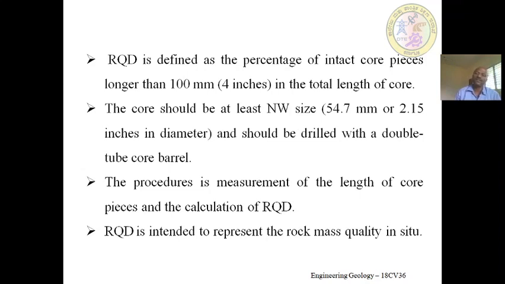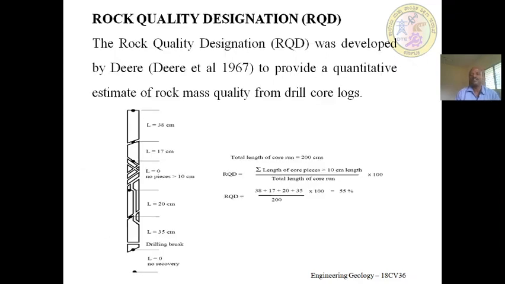In one run, for the RQD study, they consider core pieces more than 10 centimeters long, but pieces less than 10 centimeters are not considered for analyzing RQD.